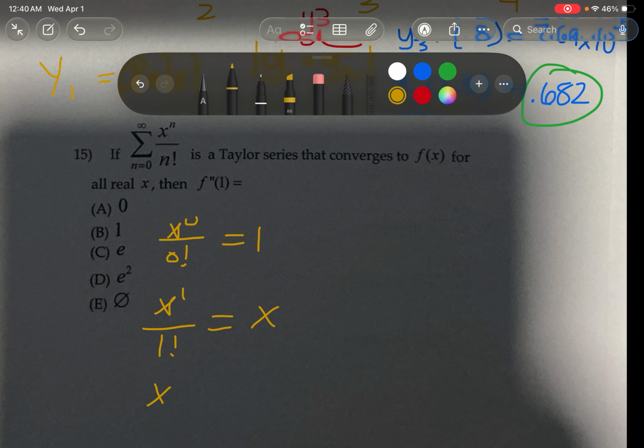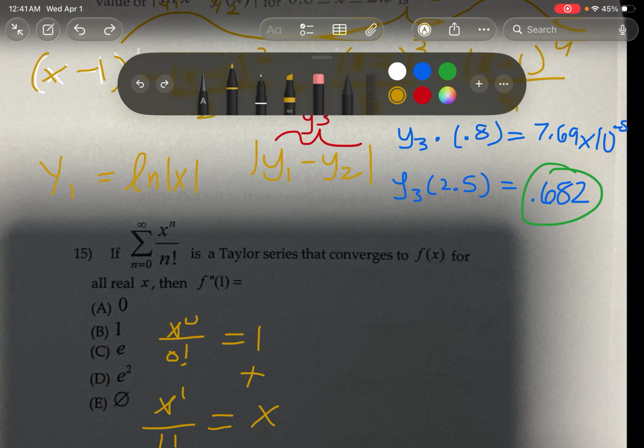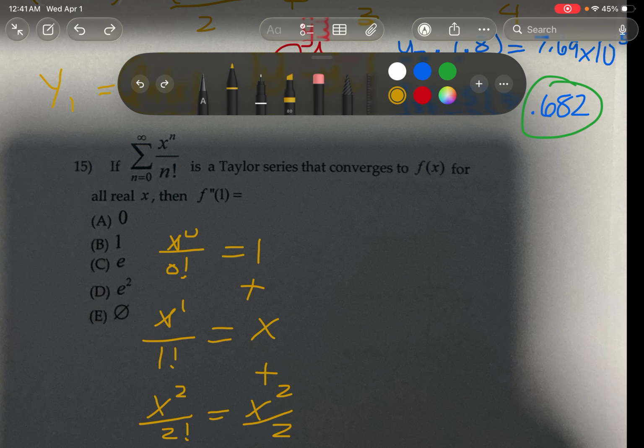And x to the second over second factorial is just going to be x squared over 2. There's no switchers here, meaning this is going to be an e to the x because of this power expansion here. All I did here was plug in the first few terms, just to give you a proof of which series this applies to. So this is an e to the x.